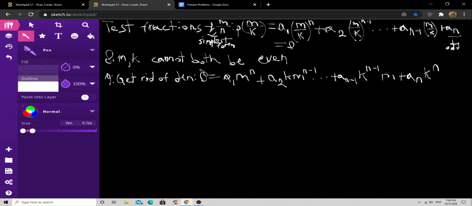So now, we have a few cases. Let's split this up into cases. We have shown that m and k cannot both be even.